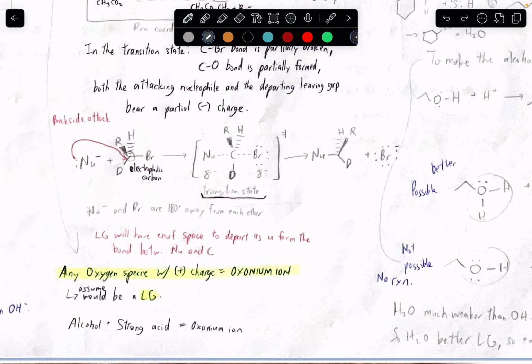But you know that the carbon is electrophilic if it has a partial positive or a positive charge. But you don't see that in the transition state because it is part of the substrate. You only see partial charges in the nucleophile as well as the leaving group. So the nucleophile here was initially negative, so you show partial negative. The bromine here, you're not supposed to look there. You're supposed to look here at the product side. So you see a partial negative here. Okay.